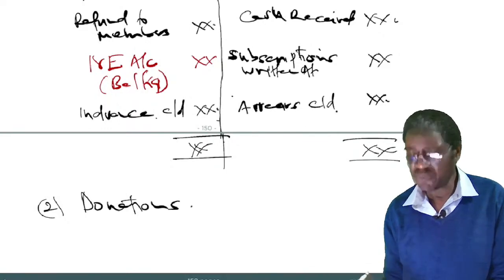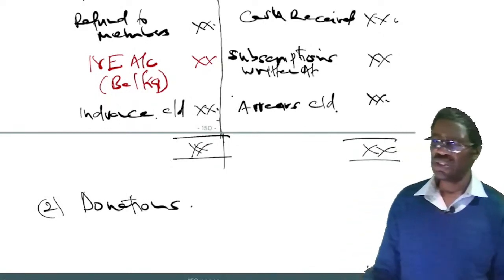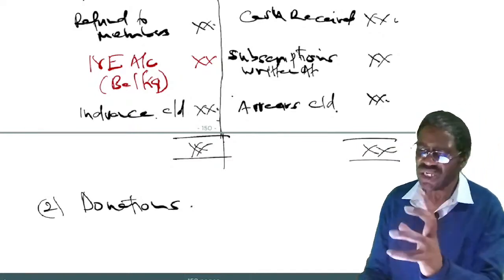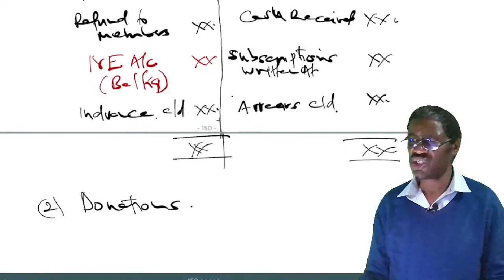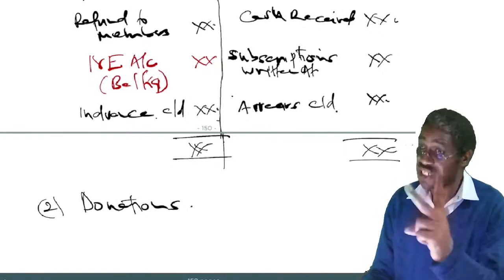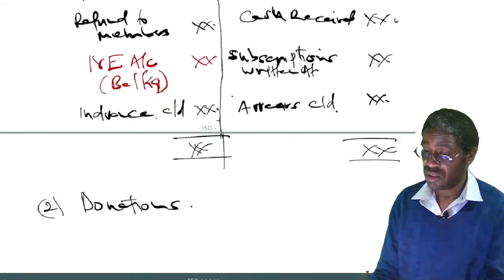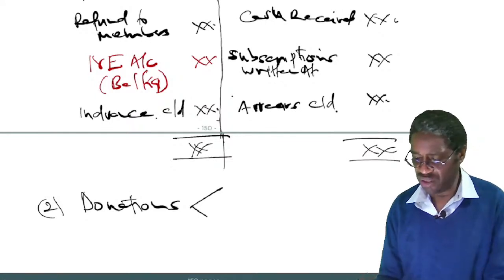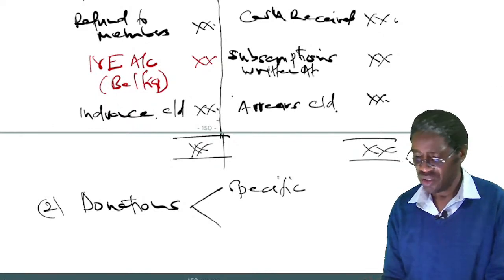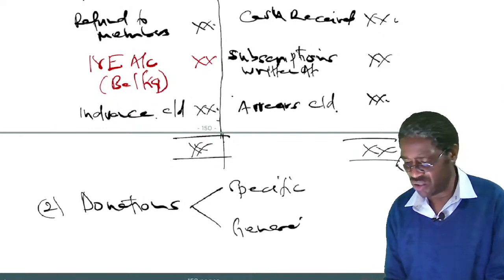Let me explain it. Of course, as a non-profit making organization, you can receive donations from well-wishers. Now, there are two types of donations. We call them either a specific donation, or general donations.